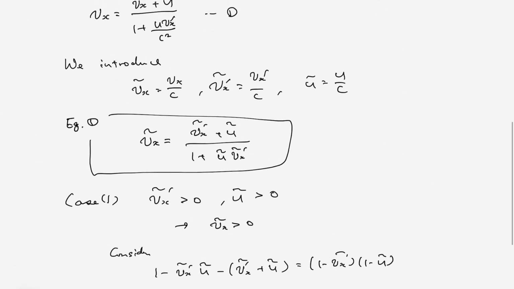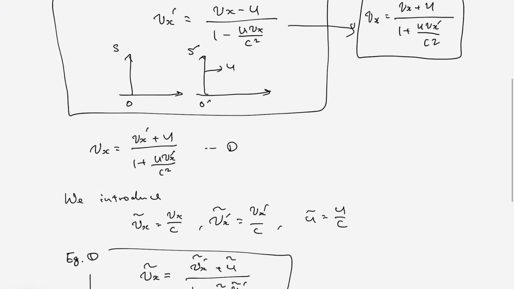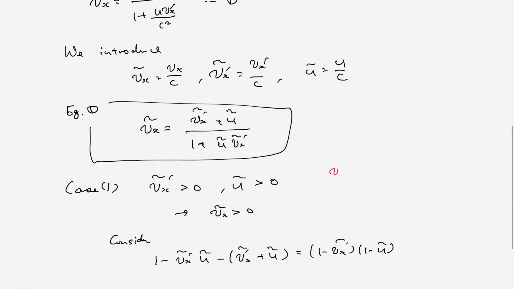Because from the original conditions, v sub x prime is slower than the speed of light, and u is slower than the speed of light. So v sub x prime tilde is lower than 1, and u tilde is lower than 1. From this condition, you can find these are positive numbers.